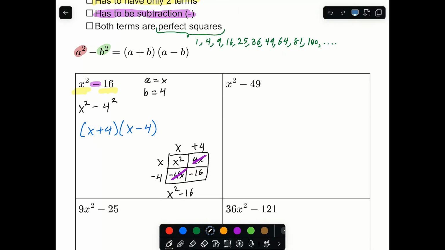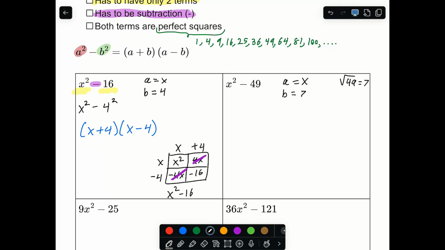So looking at it that way, if we look at our next example, we have x squared minus 49. So our a is going to be x, and our b is going to be 7. How I got 7: 7 squared is 49, or you could also think of it as the square root of 49 is 7.